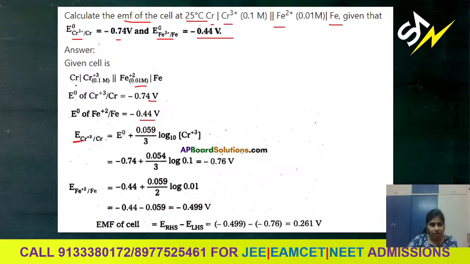In order to take the EMF by applying the Nernst equation, you need to write the Nernst equation for each electrode. Here we are taking the conversion of Cr^3+ to Cr: E equals E0 plus 0.059.